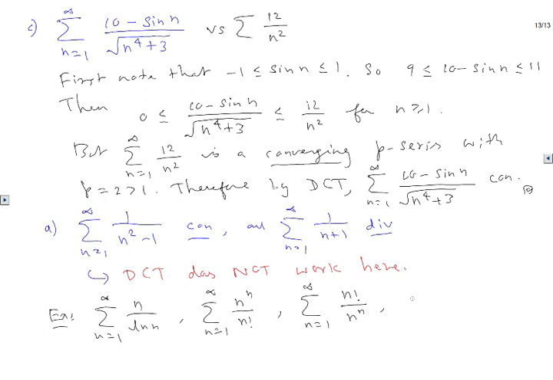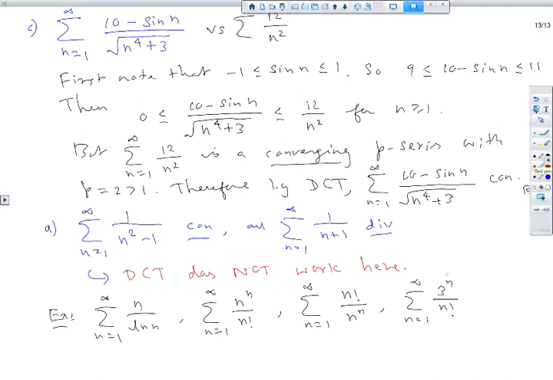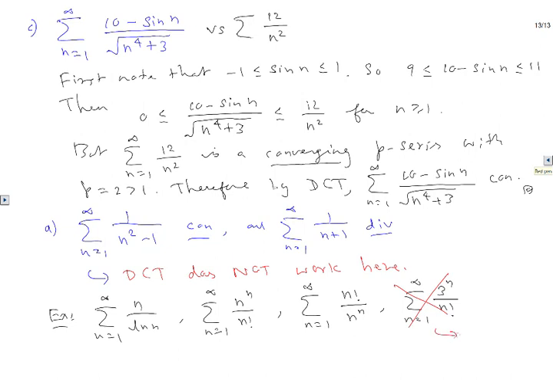But how about this one? Let's say you have n going from 1 to infinity of 3 to the n over n factorial. You can try this, but this is not a really good problem for this type. We normally don't do this kind of one. We normally use this one for the ratio test. This is a good problem for the ratio test, and we're going to discuss those kinds of problems later.